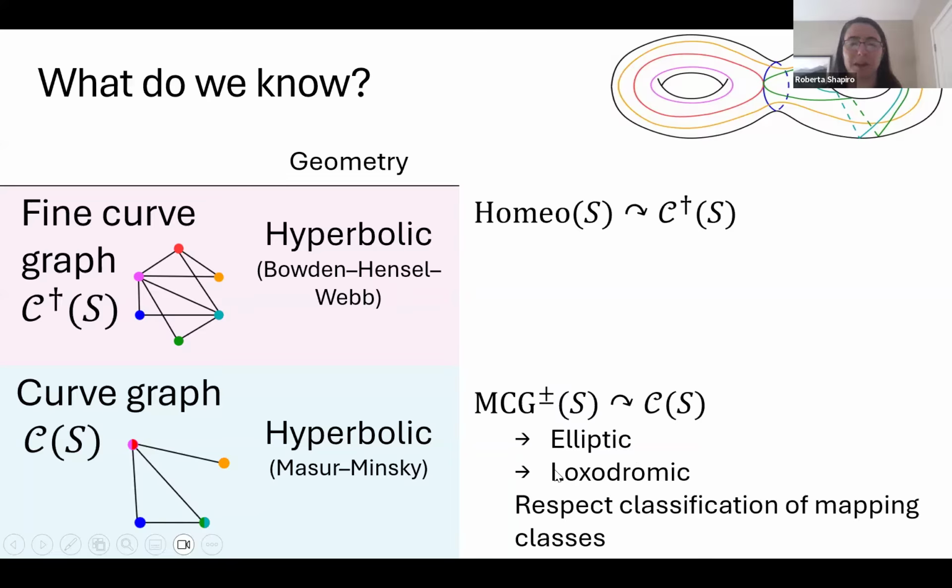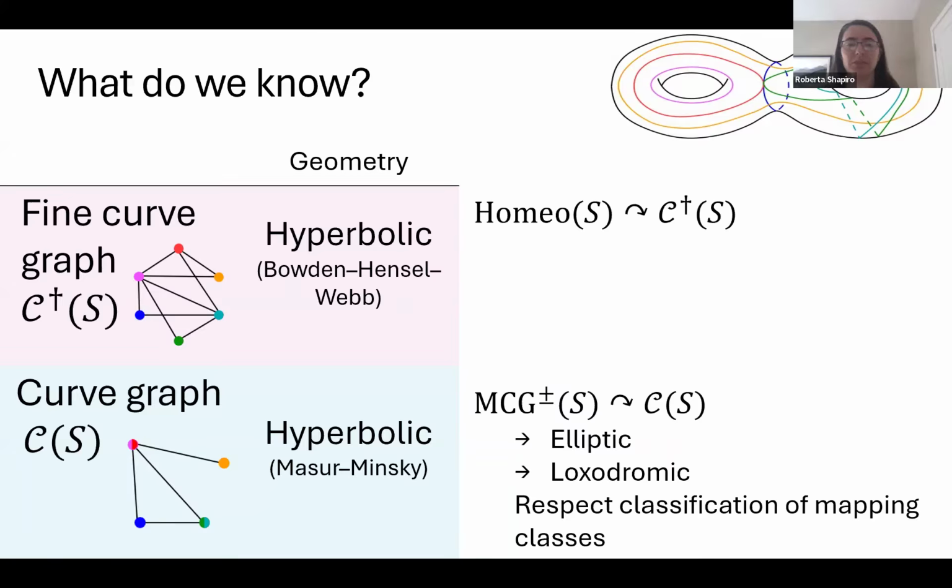There are some elements of the mapping class group that act loxodromically, which means that things move with linear speed, more or less, upon repeated application of your mapping class. And moreover, this is a very nice kind of dichotomy in that it respects a pre-existing classification of mapping classes based on how they act on a surface.